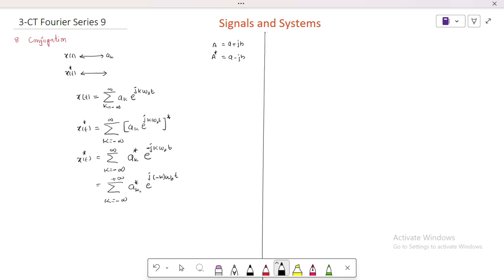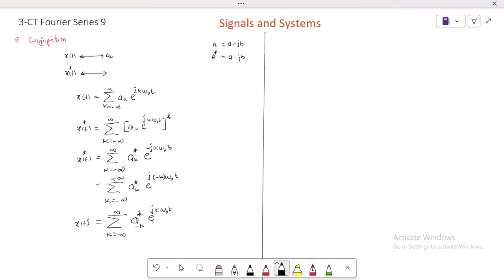Now here I replace k by minus k. So a minus k complex conjugate, e power j k omega naught t. There is no change in the limits, because it is going from minus to plus infinity, so the same.